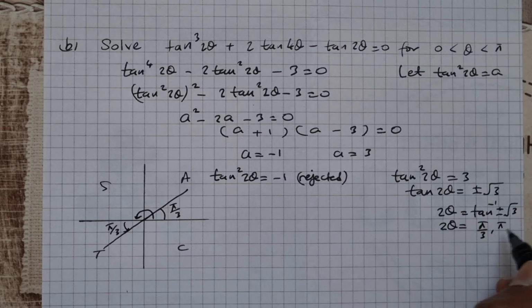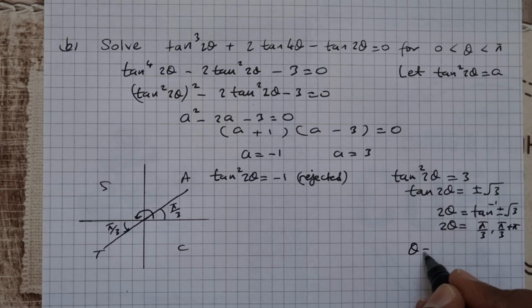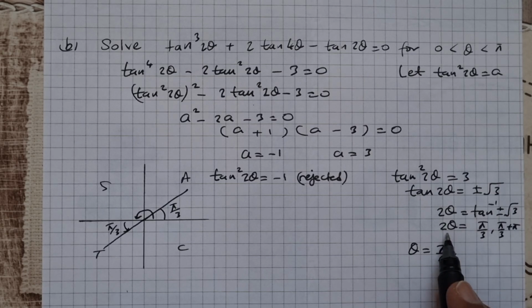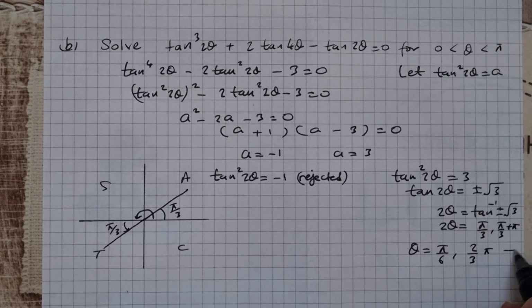Then I have theta is equal to pi over 3 divided by 2, which is pi upon 6. Then pi over 3 plus pi is 4/3 pi, divided by 2 is 2/3 pi. So these are the solutions, okay?